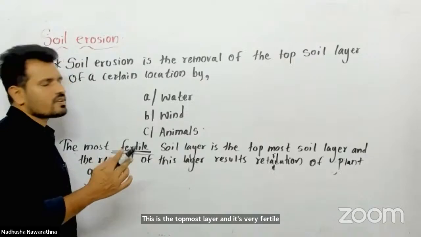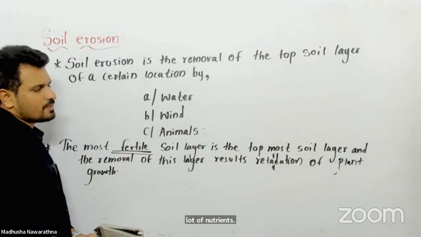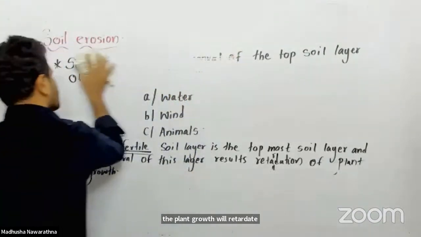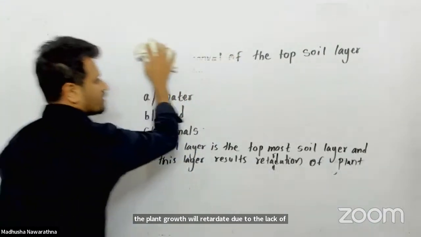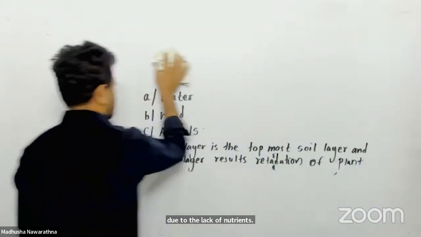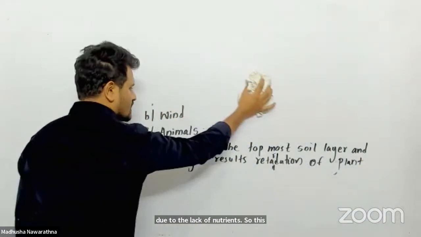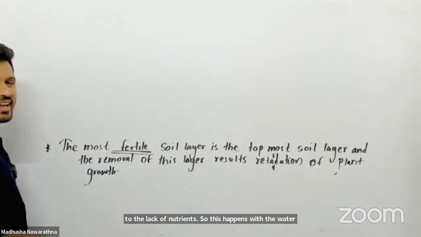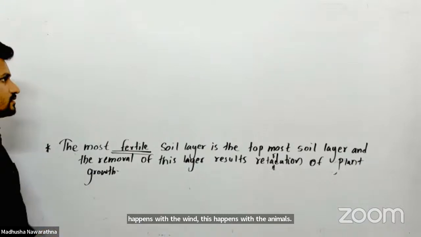But when it's washed away, what will happen? The plant growth will retard due to the lack of nutrients. So this happens with the water, with the wind, and with the animals, including ourselves.